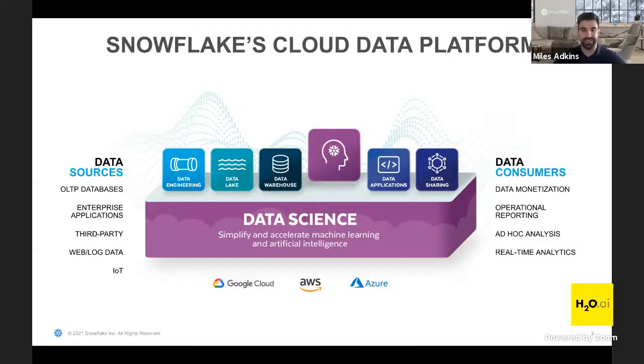We can ingest a variety of different types of data, structured, semi-structured, unstructured, from a ton of different data sources, and then make that data available to a variety of different data consumers. But I wanted to really focus in on our data science capabilities and what we've started to enable to push this data science workload forward for us.